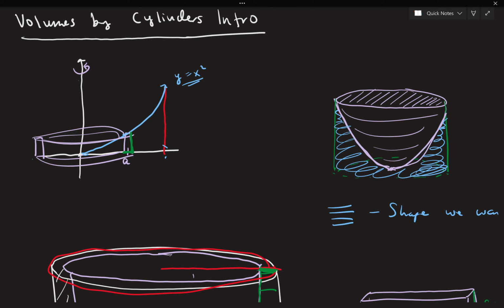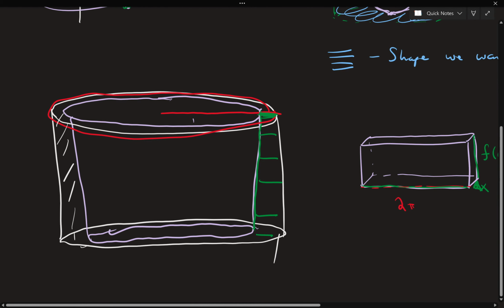So the radius of this cylinder is actually just the x value. I'm so bad at drawing this, I know. So the radius of this is the actual x value here. That's how far to the right I have to go. So this is 2 pi r, which is 2 pi a.